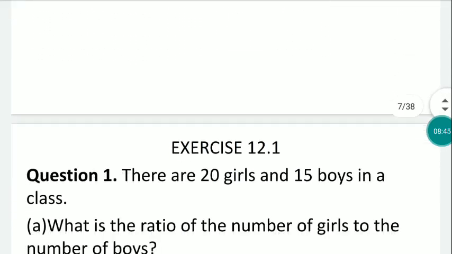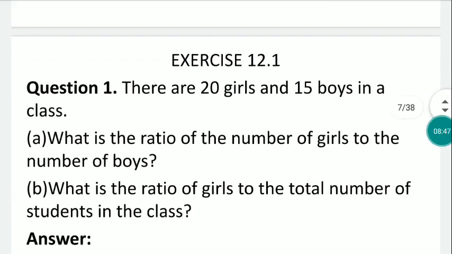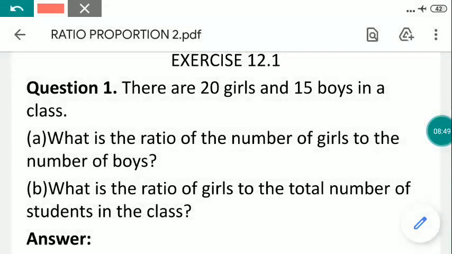So we will start exercise 12.1. Question number 1. There are 20 girls and 15 boys in a class. What is the ratio of the number of girls to the number of boys?